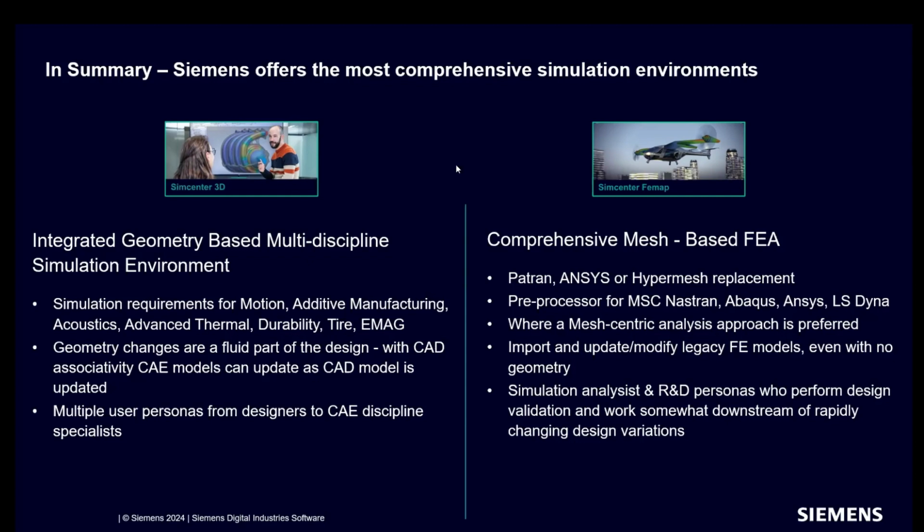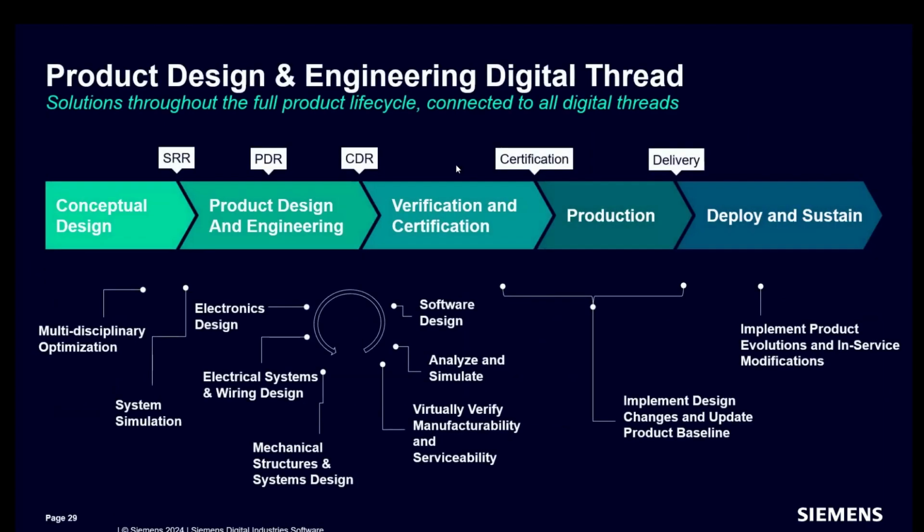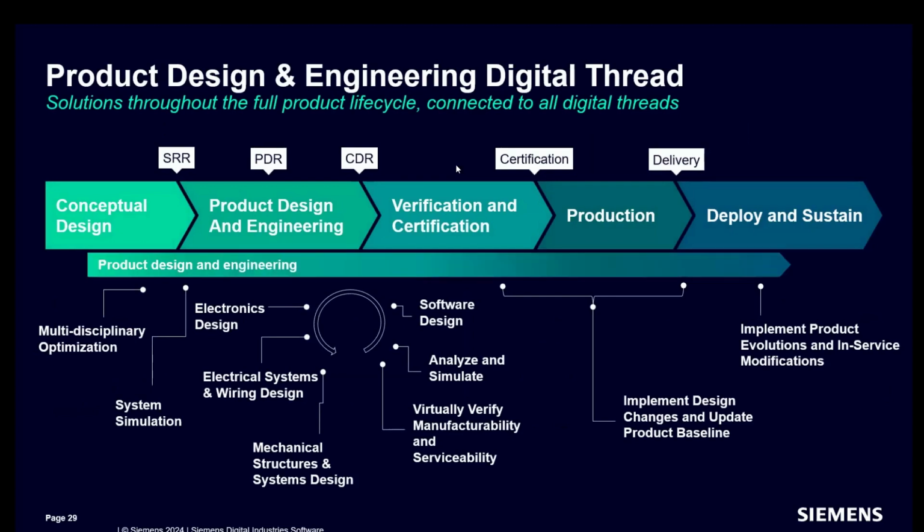If you look at the personas of those folks that perform design and validation work downstream of the CAD model after it's frozen, these are the people that typically migrate more towards Femap than they do Simcenter 3D. But like I said, we have more and more folks that are using both of them together within the same company.